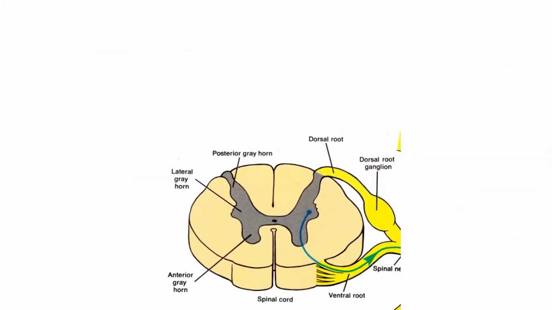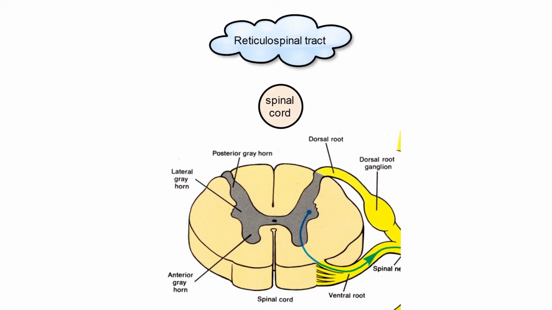This is a cross-section of the spinal cord showing the H-shaped gray matter and the white matter, the funiculi, and the beginning of the spinal nerve. Now, the spinal cord is going to receive the reticulospinal tract, and the reticulospinal tract is going to end up in the lateral horn of the spinal cord.